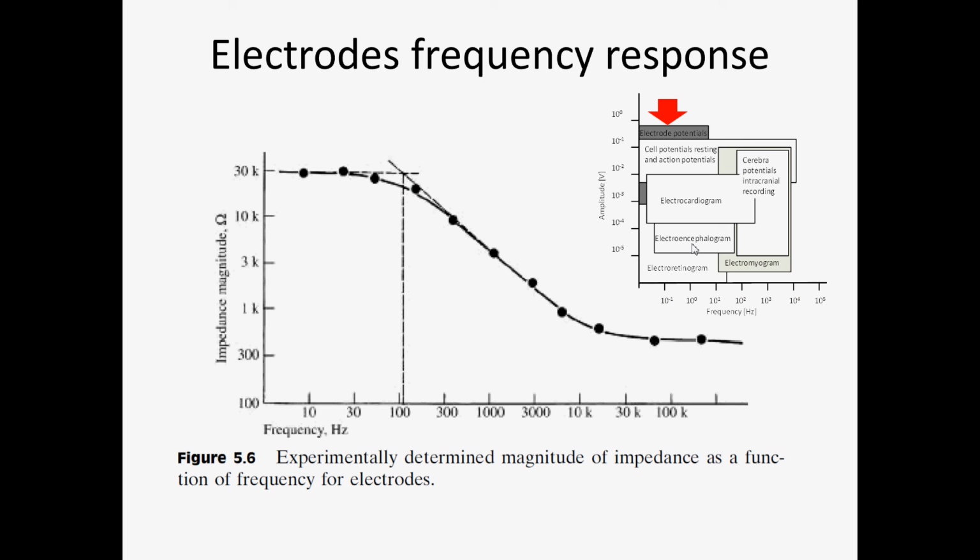And in terms of amplitude, because the EEG really stops down here at a fraction of a millivolt, you see that the electrode potentials have a value that can completely obliterate or cancel your signal.